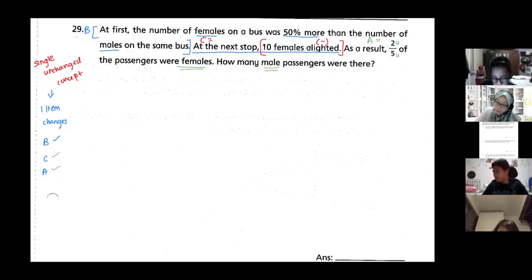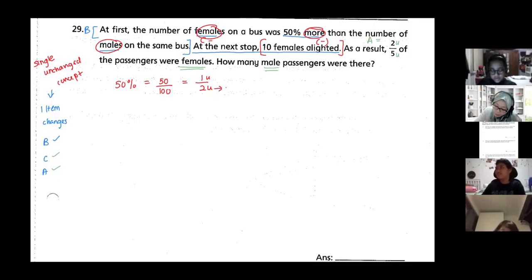Let's look at the 50%. I'm going to rewrite it: 50% is equal to 50 over 100, which is equal to half. Let's go back to the first sentence. The number of females on the bus was 50% more. The top one is not just the females, it is the more females. More than whom? More than the males, correct?